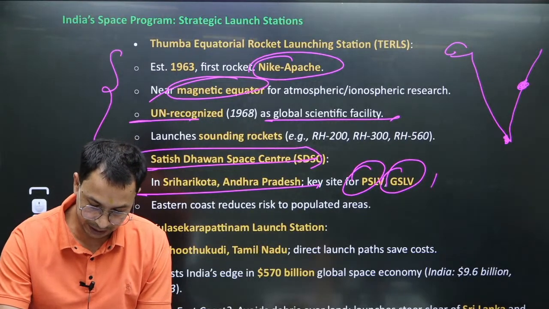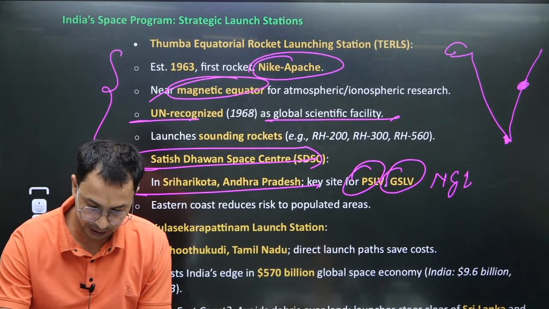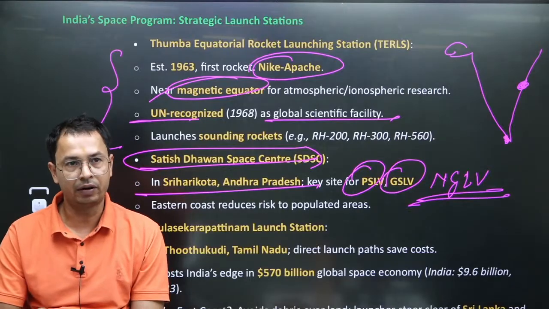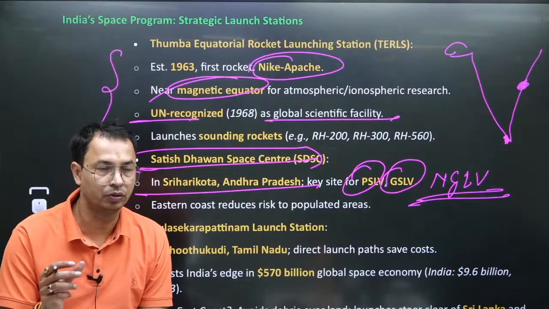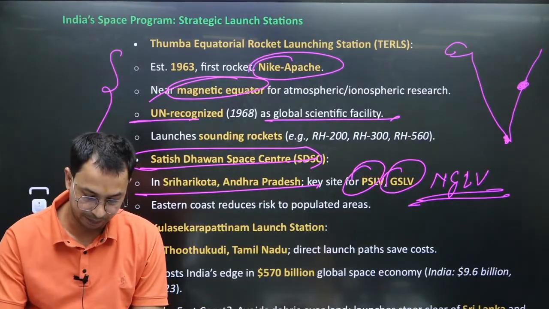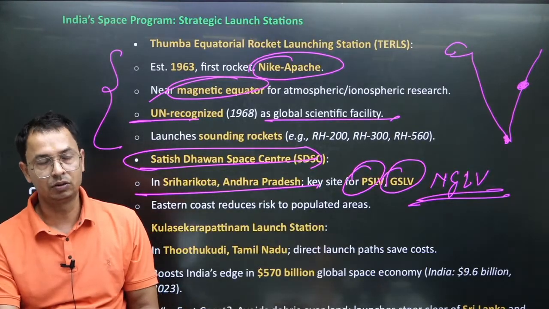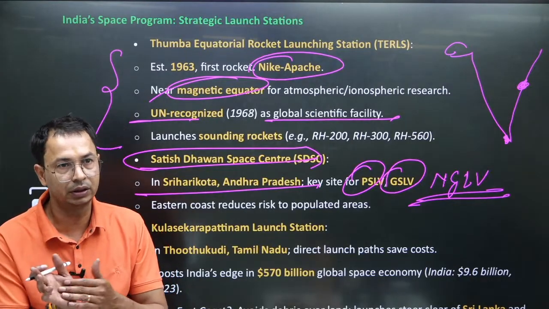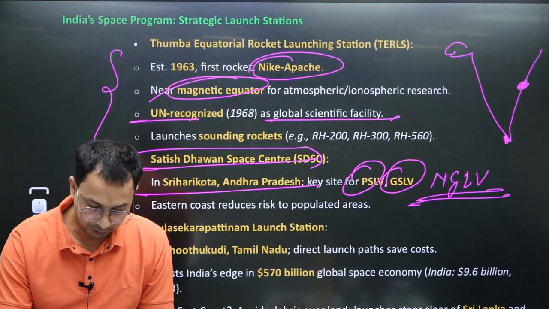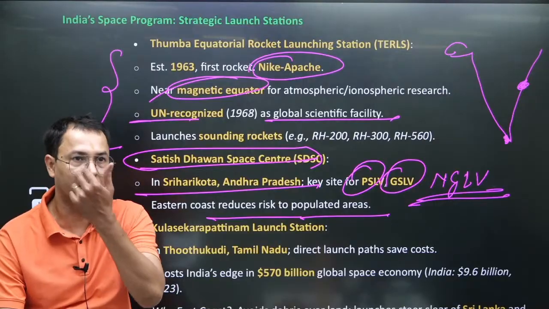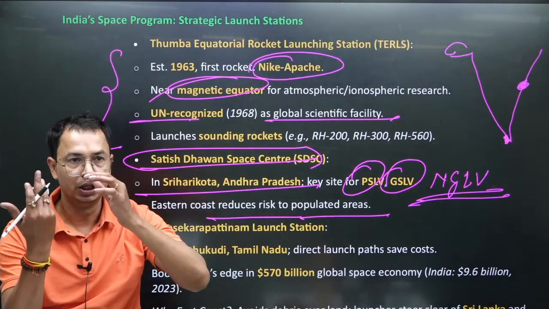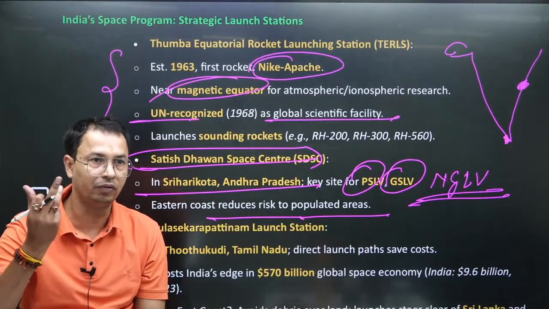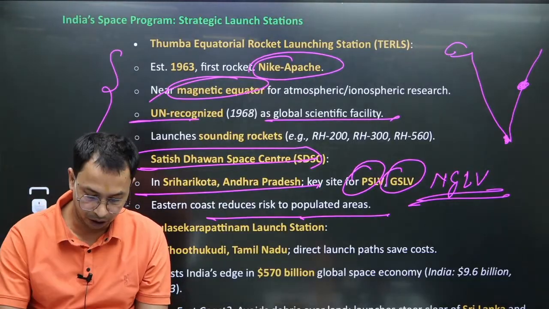Then the next one coming is NGLV, and we are developing a pad to launch the NGLV from the SDSC. It is on the eastern coast. Because of the eastern coast, what happens? It reduces the risk of the rocket falling on a populated area, because the earth rotates from west to east. So if the rocket falls, it will fall into the Bay of Bengal.